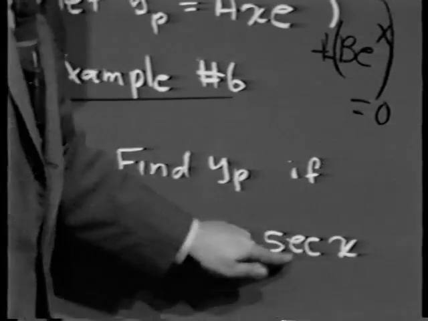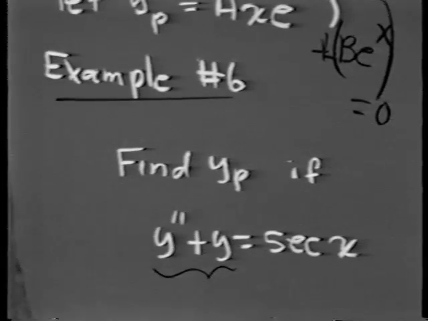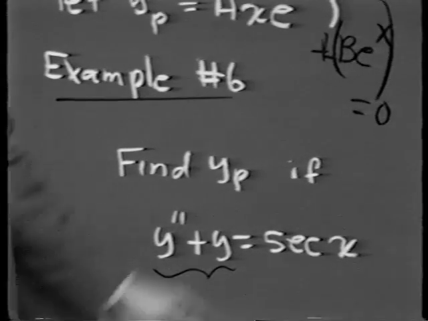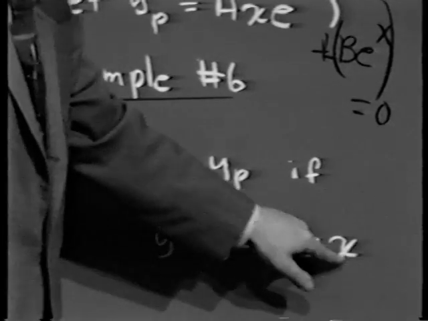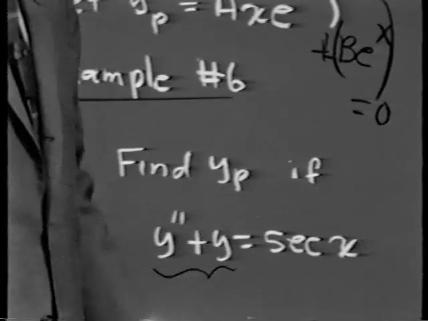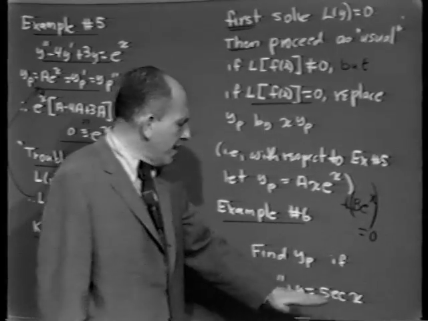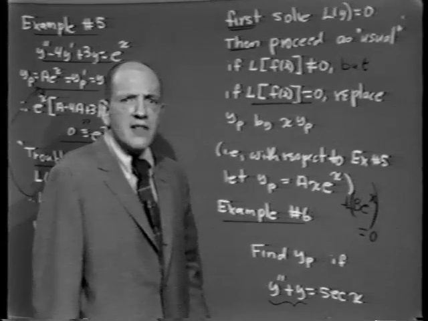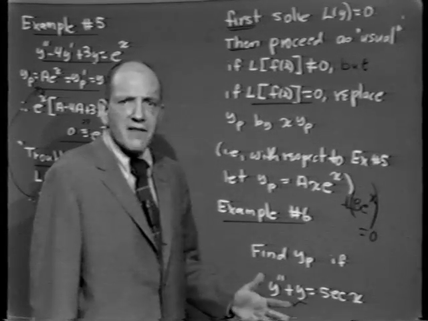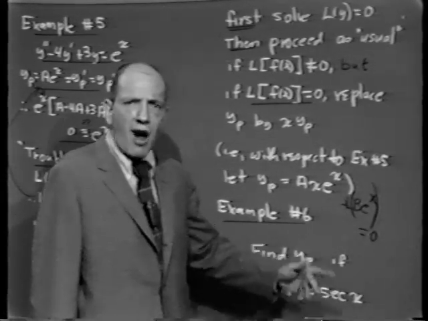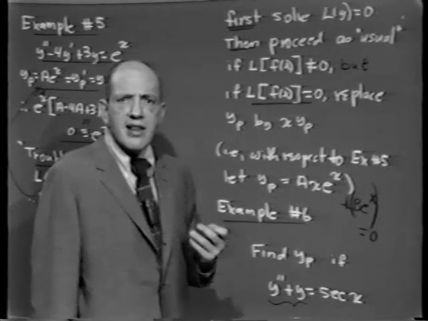The problem is that the right-hand side here is not of one of the three types that we talked about. Try to find all the functions whose derivatives can lead to secant x. It's an impossible task. There are infinitely many functions that one can find combinations of whose derivative yields secant x.